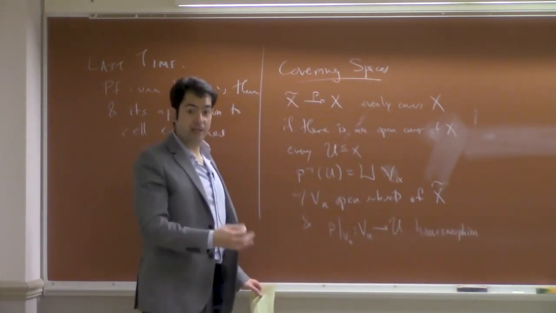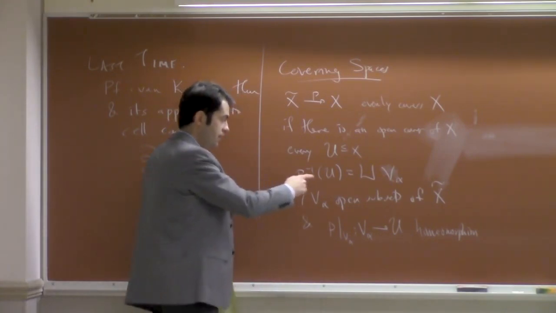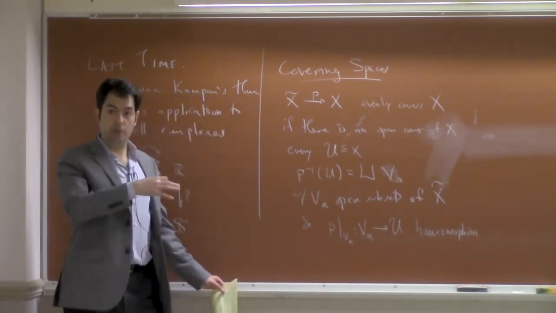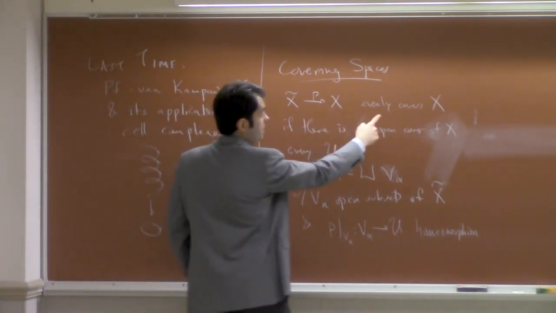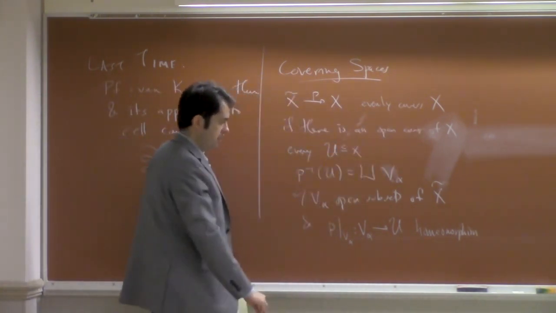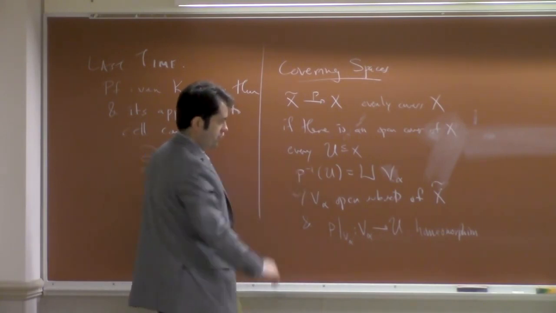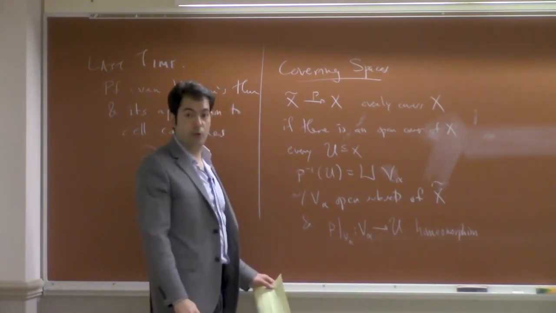Right. So if this happens, we say that the open set U is evenly covered, and that this covering map evenly covers X if you have a cover by such evenly covered open subsets.